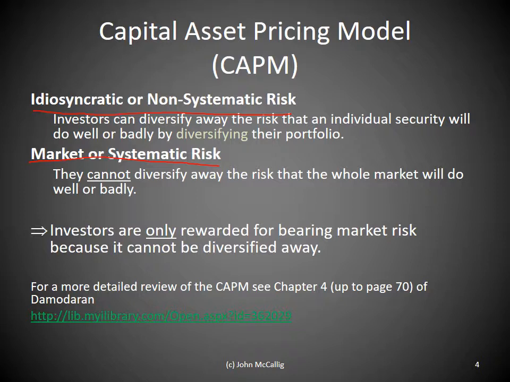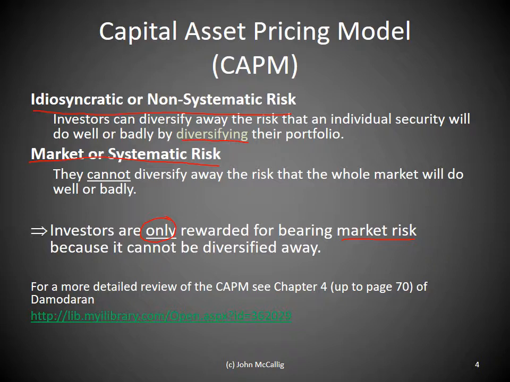And the CAPM tells us that investors are only rewarded for bearing market risk, so the undiversifiable risk, because it can't be diversified away. You can diversify away idiosyncratic or non-systematic risk by holding a portfolio of maybe 20 or 30 securities.